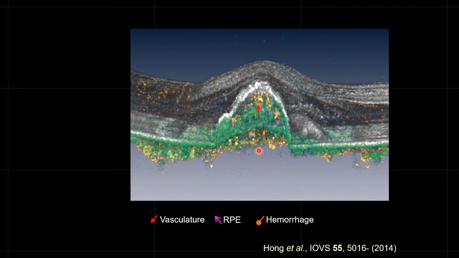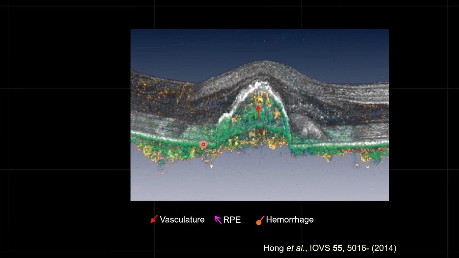The gold particles represent the flow, extracted using the Doppler OCT information. And the green is melanin. Technically speaking, it's the retinal pigment epithelium obtained by the degree of polarization uniformity. We combine all of this information obtained from the Jones matrix OCT into a single volume.